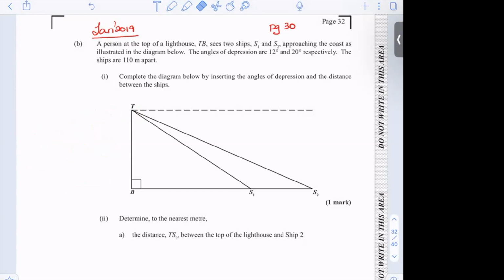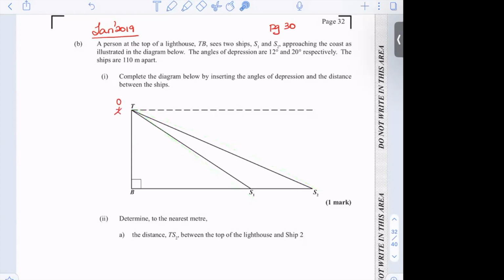A person at the top of lighthouse TB shows two ships, S1 and S2, approaching the coast as illustrated on the diagram. The angles of depression. So if the person is looking downward, the person is standing here, and the person is looking down towards the two ships.